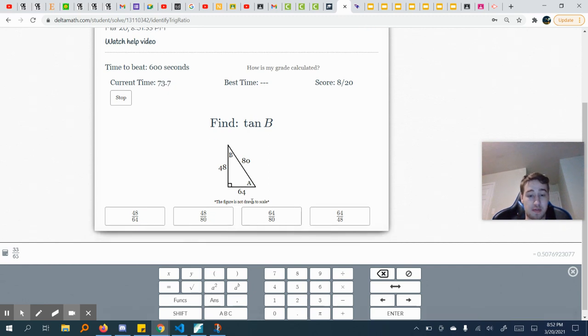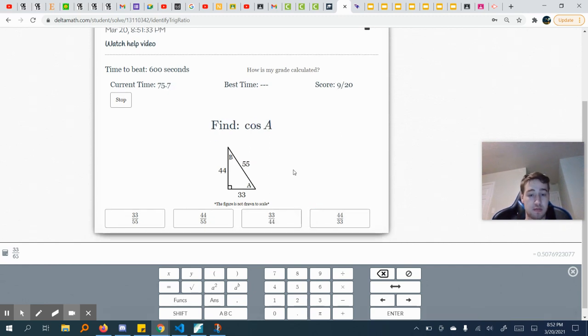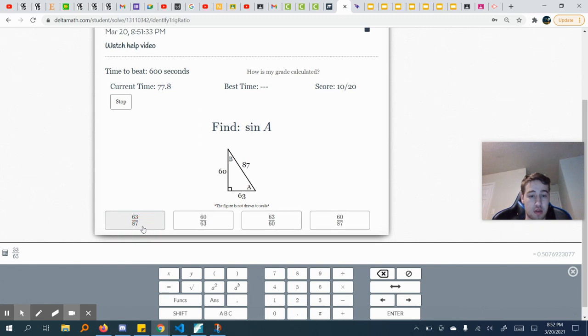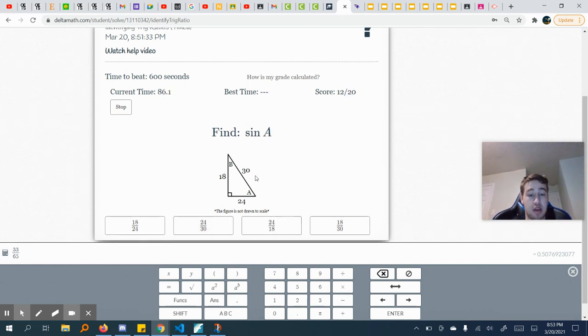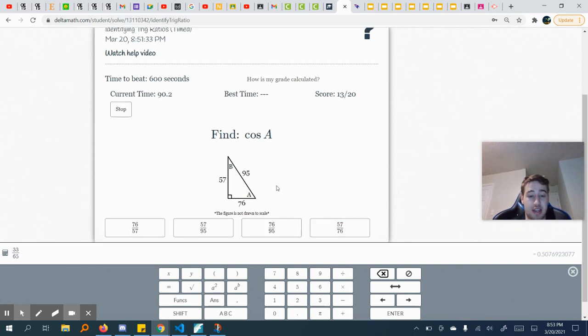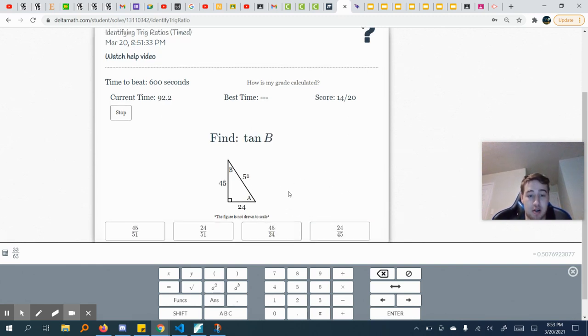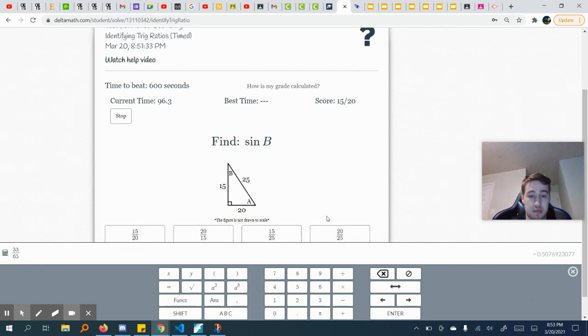Tangent of B, sine of A, and then as we continue on, we get this rather quickly. Sine of B.